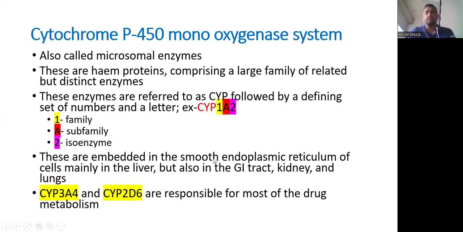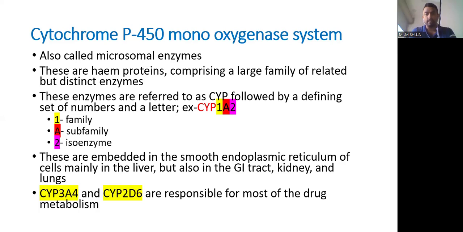So they are usually found in the ER, mainly in the liver, but also in the GI tract, kidney and lung. CYP3A4 and CYP2D6 are responsible for most of the drug metabolism.